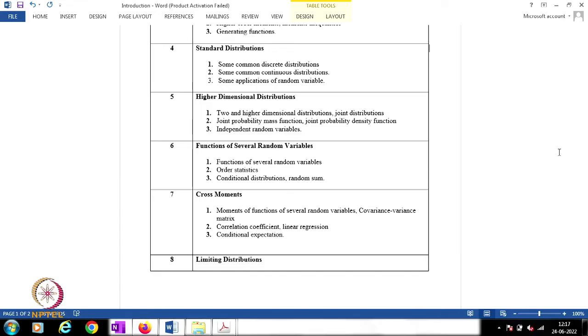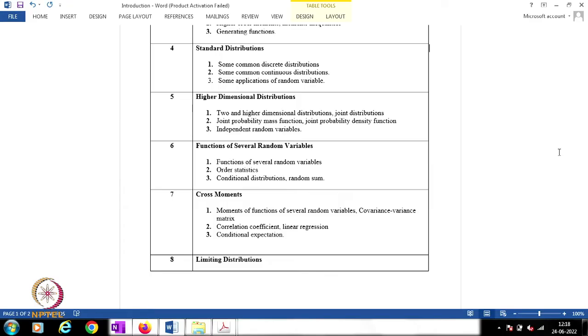Both discrete and continuous type standard distributions are discussed in the fourth topic. In the fifth topic we introduce the multidimensional random variable, starting with 2-dimensional, then 3 and so on. In the sixth topic we introduce the functions of several random variables. We cover a function of a single random variable in the third topic itself, whereas after introducing 2 and higher dimensional random variables, we introduce the functions of several random variables. In that we discuss the conditional distributions also.